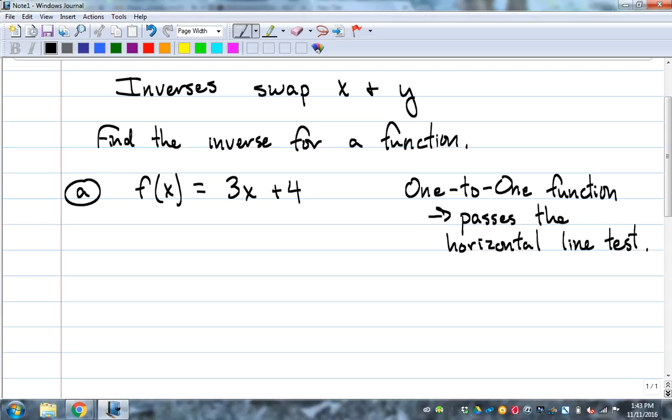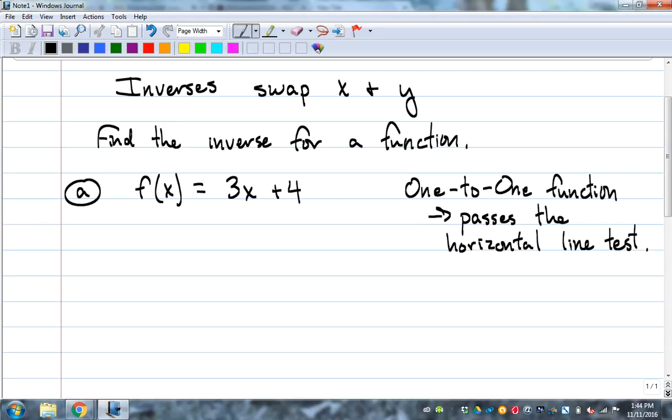But it also passes the horizontal line test because I can put a horizontal line anywhere on that graph, and it's only going to touch it in one spot. So that's one of the stipulations you've got to look at before you find the inverse. You've got to say, okay, can there be an inverse? If it isn't a one-to-one function, if it doesn't pass the horizontal line test, then you can't find the inverse.